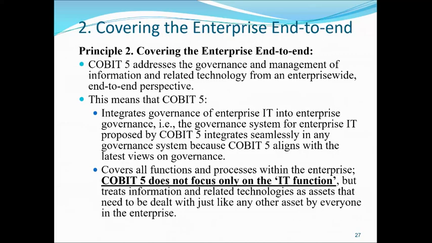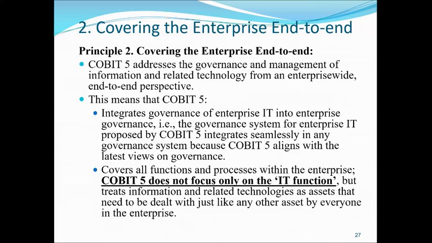Look at principle two, covering the enterprise end to end. COBIT 5 addresses the governance and management of information and related technology from an enterprise-wide, end-to-end perspective. So what does this mean? Integrate governance of enterprise IT into enterprise governance.